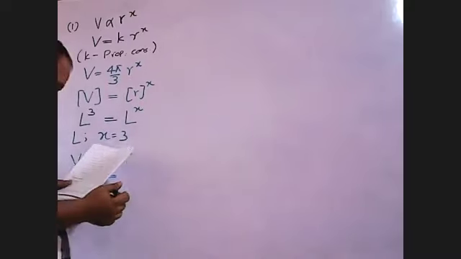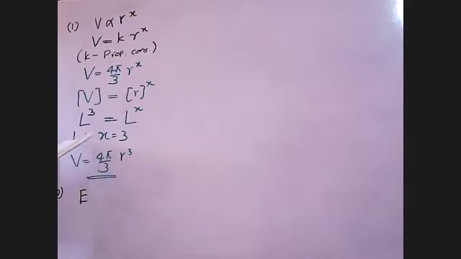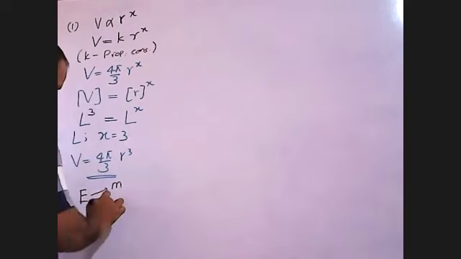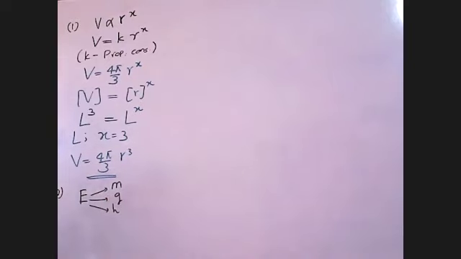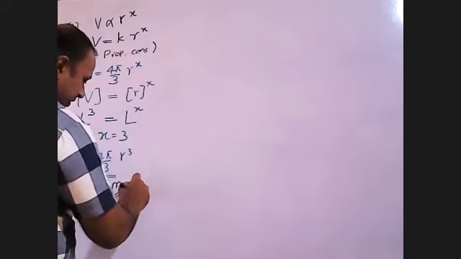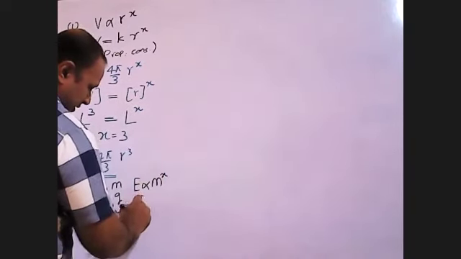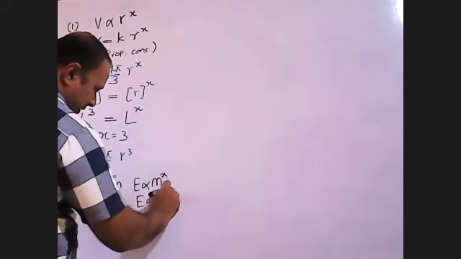So E depends on mass, gravitational acceleration, and the height. As the first step, I can write E directly proportional to m to the power x, E directly proportional to g to the power y, and E directly proportional to h to the power z.